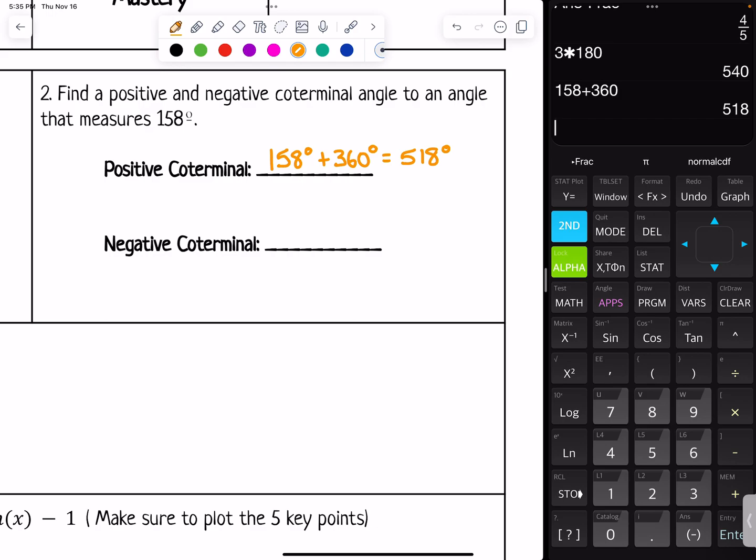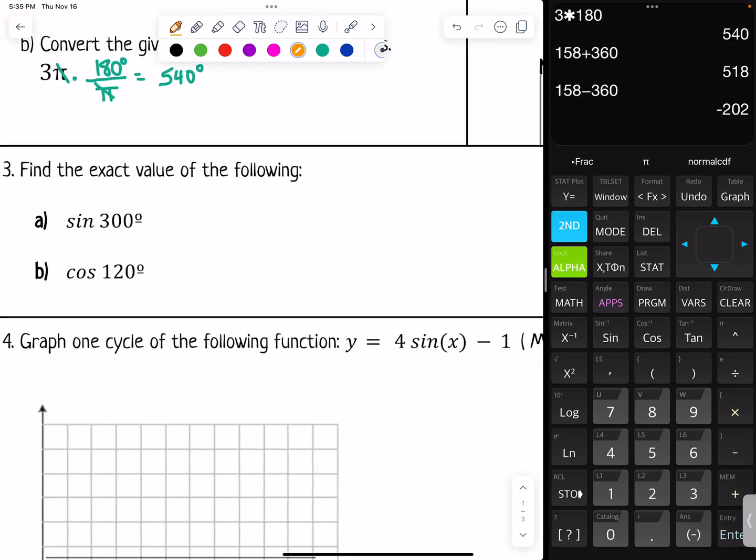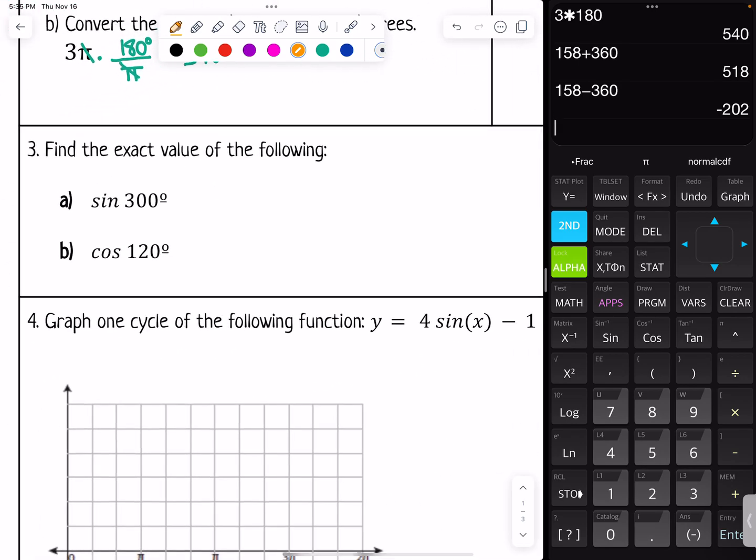And then to find a negative coterminal angle, it's just going in the opposite direction, but still all the way back around the circle to land in the same spot. So 158 minus 360 is negative 202 degrees.